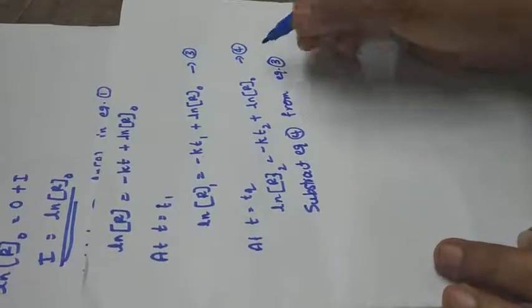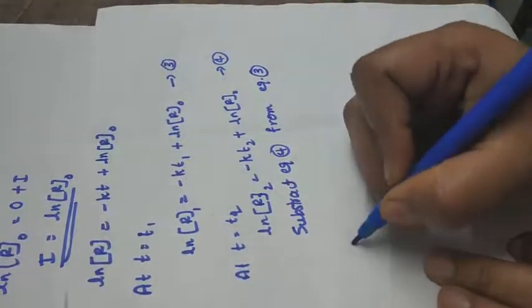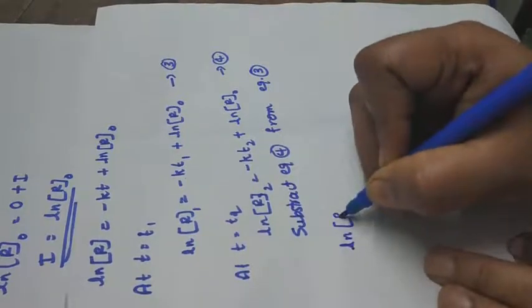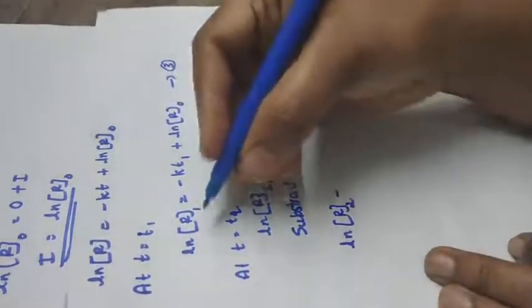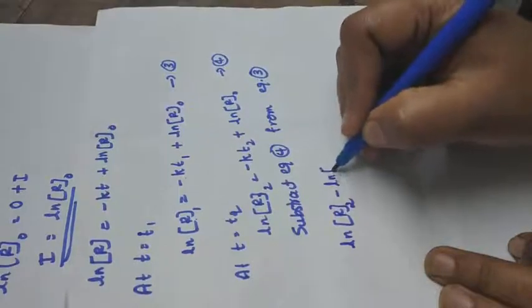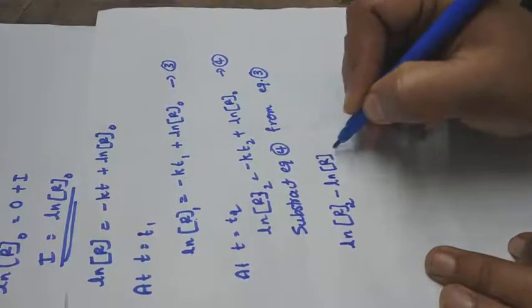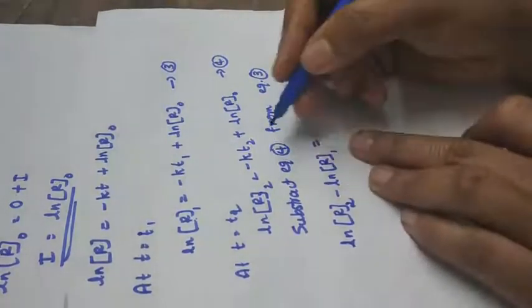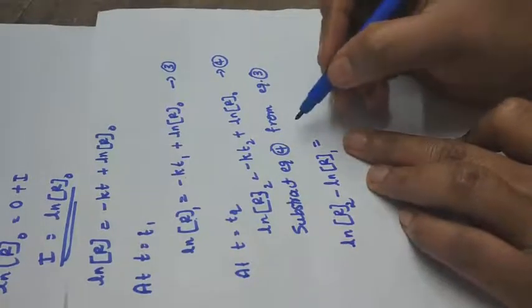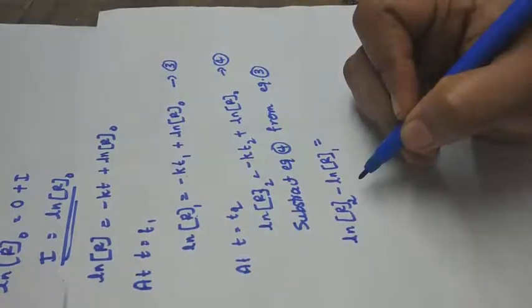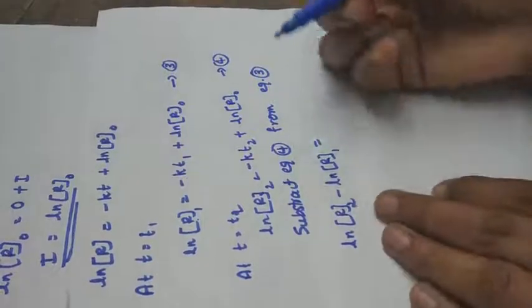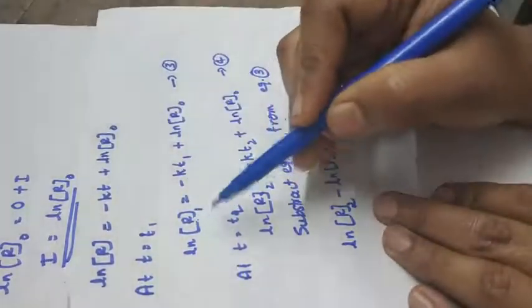Equation 3. On the left side, ln R2 minus ln R1. On the right-hand side, sorry, we have to subtract equation 4 from this equation.